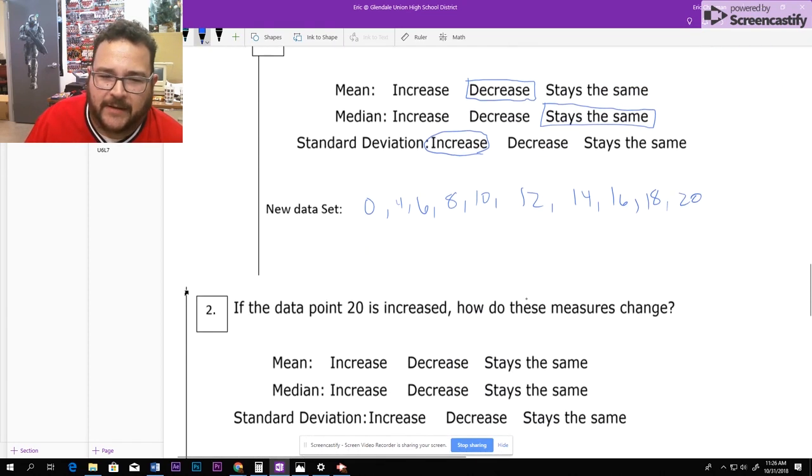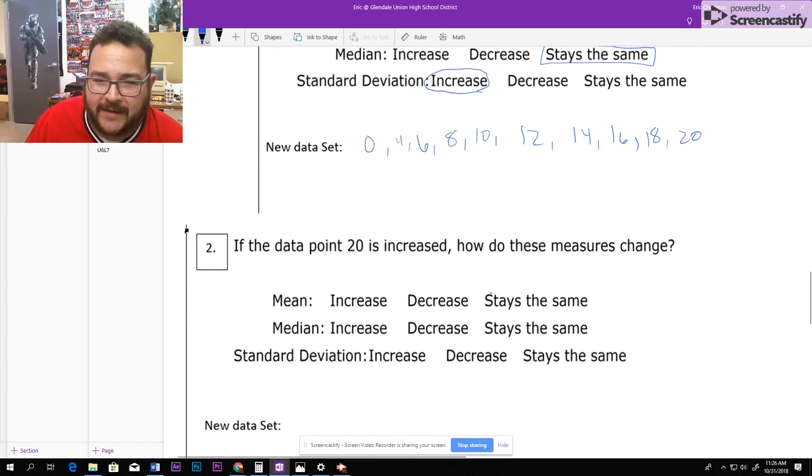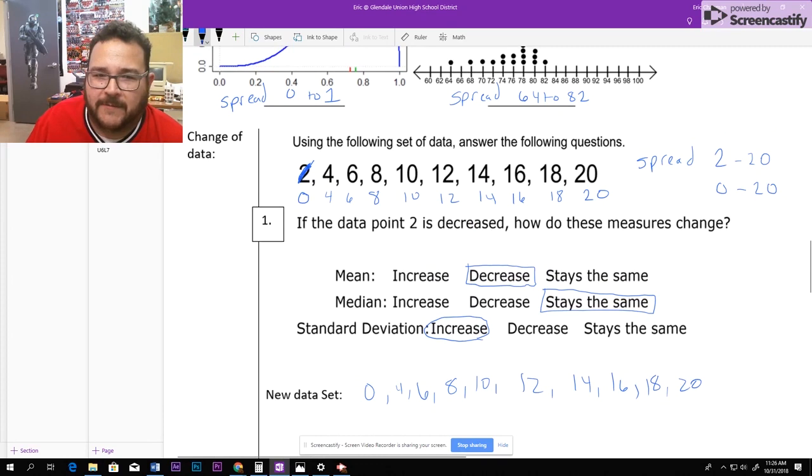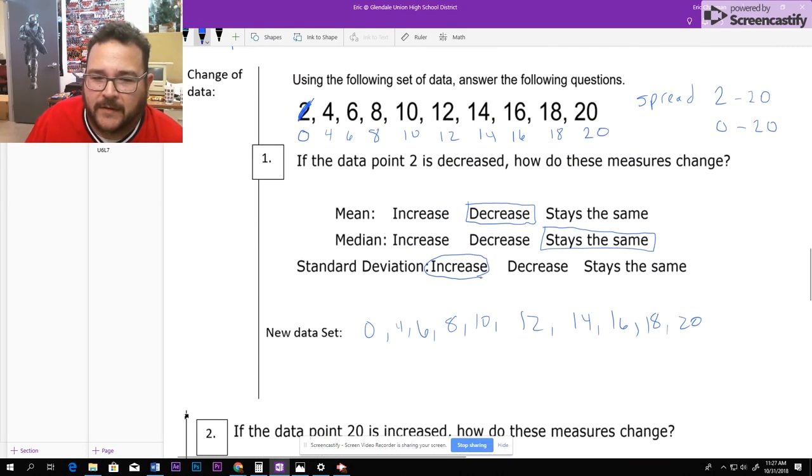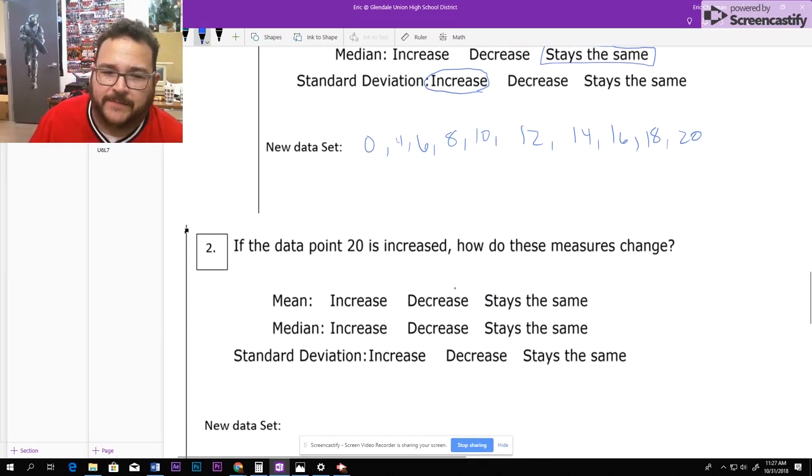Now let's look at the next one. If the data set point 20 is increased, how does this measure change? So again, we're still sticking with this one, and we're going to change the 20, and it's going to increase. So even if we just increase it to 22, let's answer these questions.